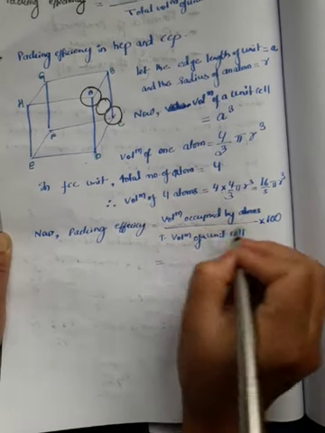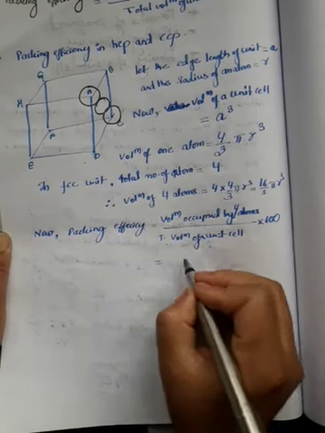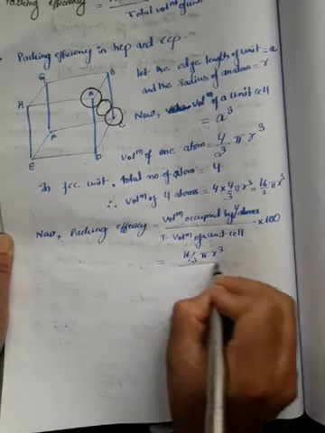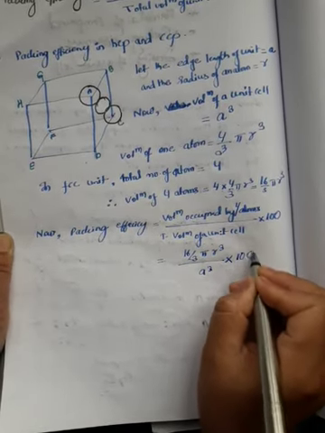So what is the volume of the atoms? Here how much is it? 4 atoms, so how much for the 4? It is 16/3 pi r cube divided by the unit cell a cube into 100.